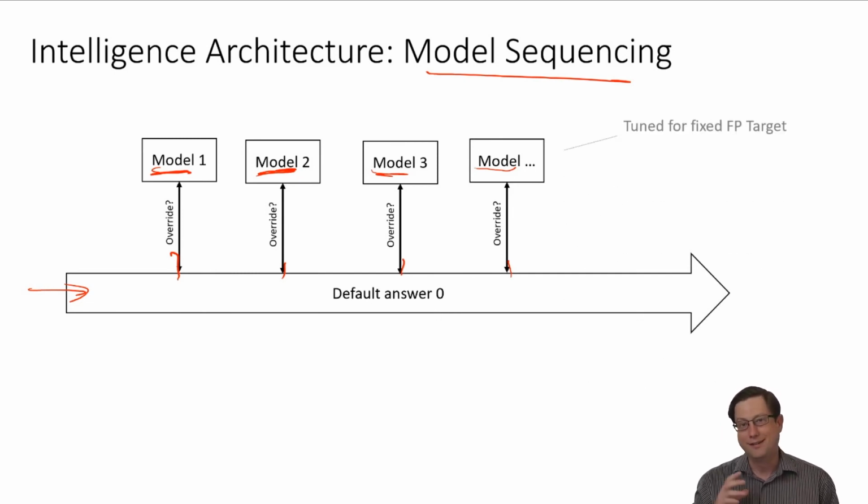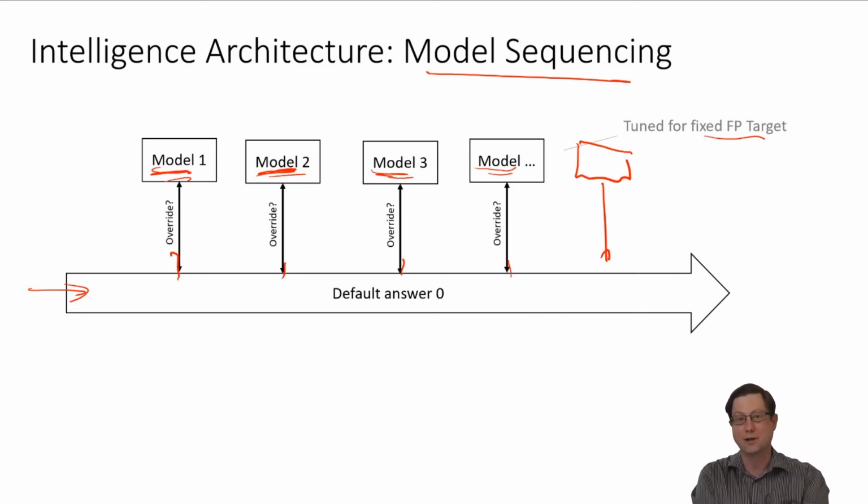You can achieve an overall false positive target pretty easily by tuning the thresholds for each of these models to a fixed false positive target, or like you have a false positive budget that you spread across them. So in order to create a new model to add to the system, you have to get somebody to give you some false positive budget, get somebody to insert you at the right point in the list, and then tune your threshold so that you achieve that false positive target.